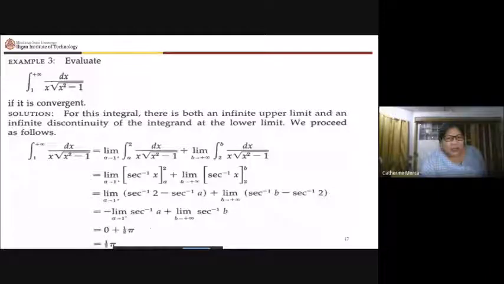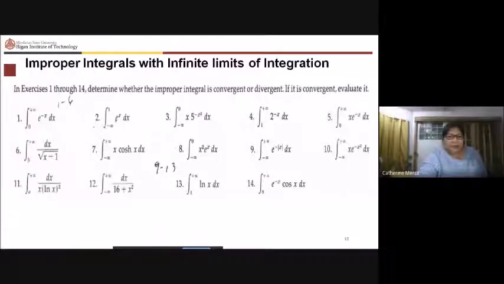Replace that with second theta, no? Tapos pag a squared plus u squared, ma-replace yan with tangent theta. You remember that? And then the other one is integrals by trigonometric substitution na topic. Okay? So ito yan siya. So improper integrals, so infinite limits of integration.